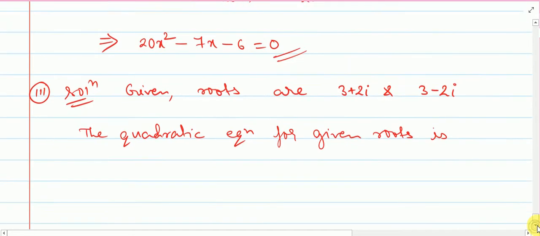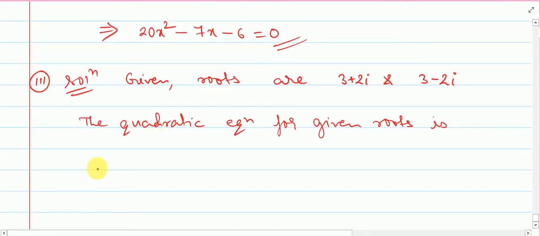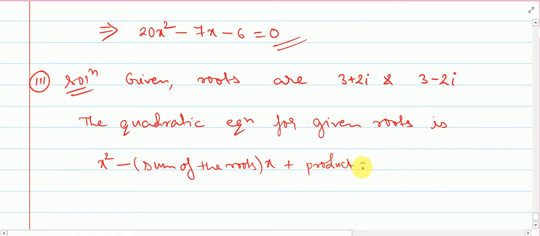If roots are given, then the quadratic equation will be this: x square minus sum of the roots into x plus product of the roots. Here you could have taken this to be alpha and this as beta.